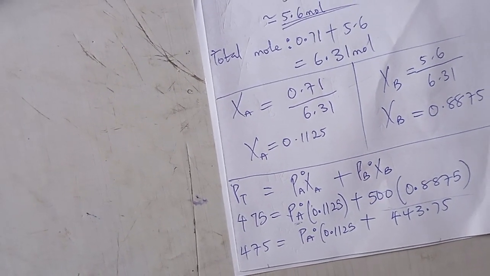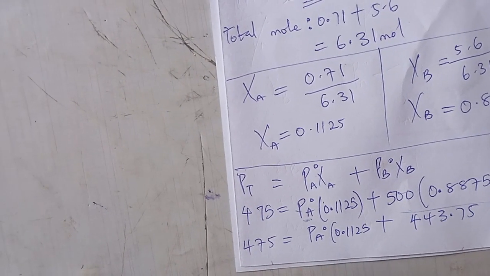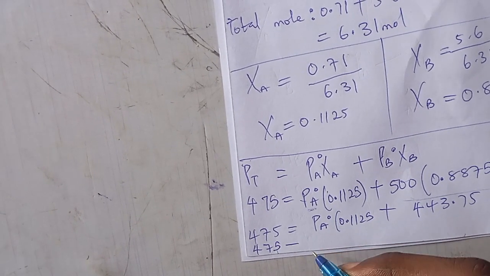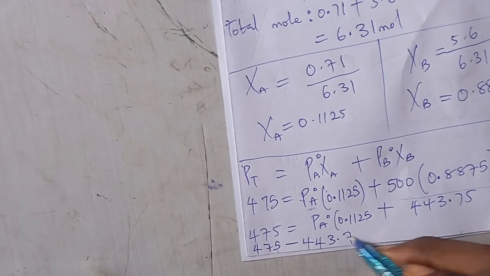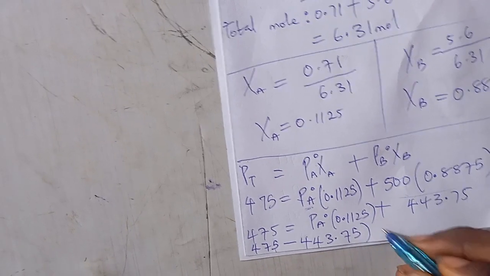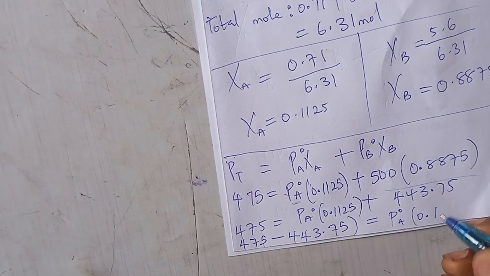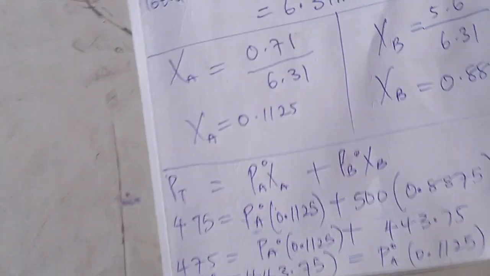At this junction, I can simply cross the equality sign, so that you have 475 minus 443.75 equals PA naught times 0.1125.